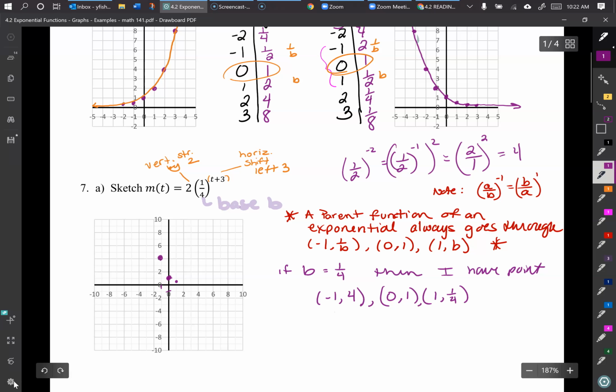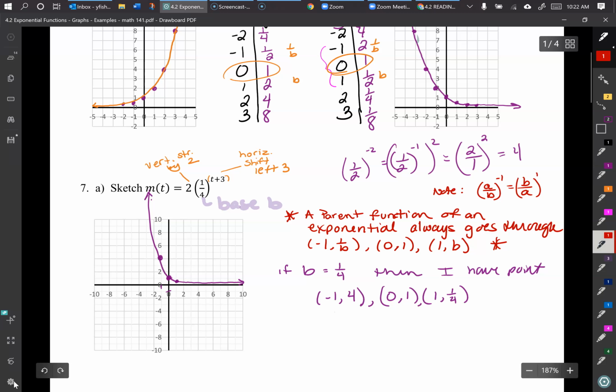And then if you want to get a couple more points, that's fine. That's up to you. If you have -2, that would be 16. It's going to be way up here. So it just kind of helps you know where your curve goes. And then this is going to approach the x-axis. Okay. All right. So that's my parent.